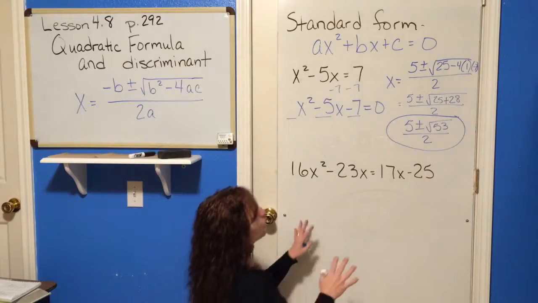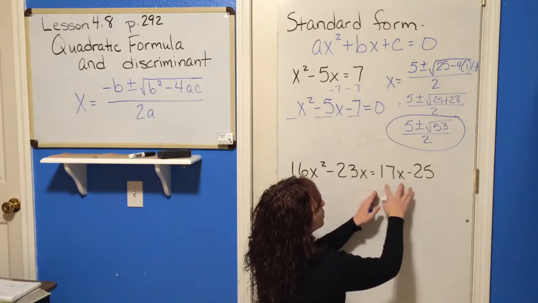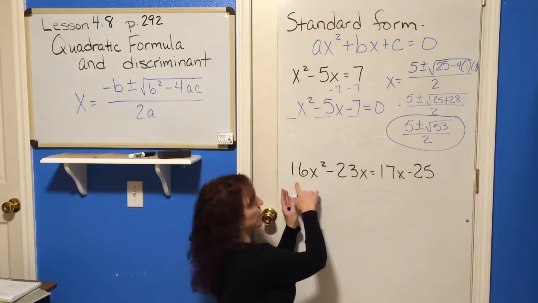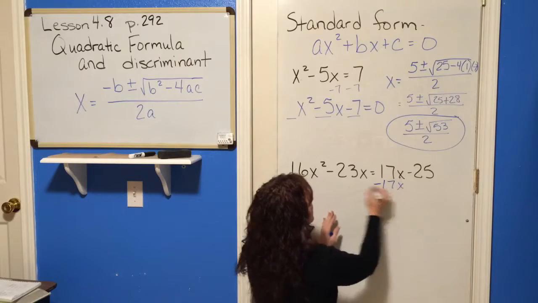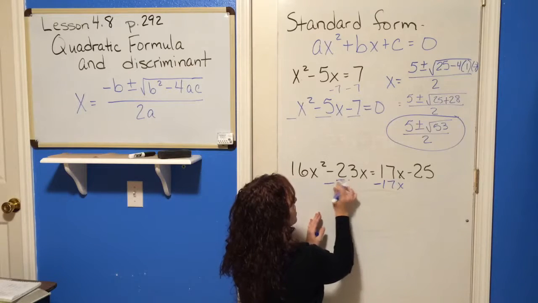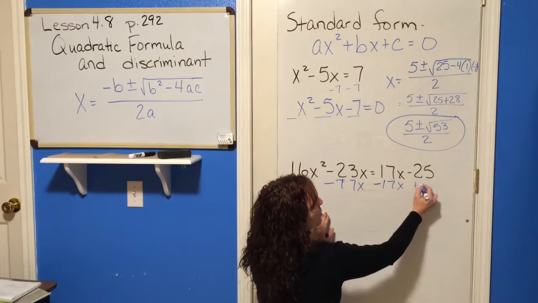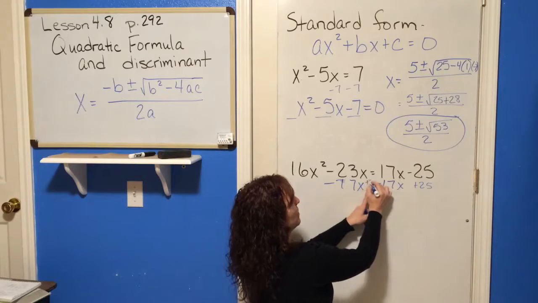All right. So the first thing is to get it into standard form. So we're going to move these things over to here to keep our x squared term positive. So subtract 17x. Not 7, 17x. And we're going to add 25 to both sides. And I kind of do that all in the same step.